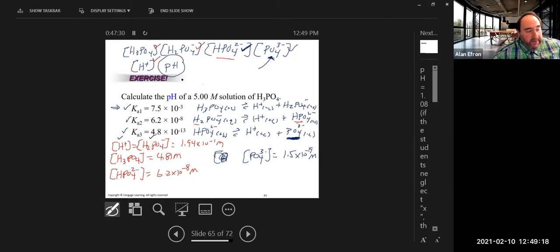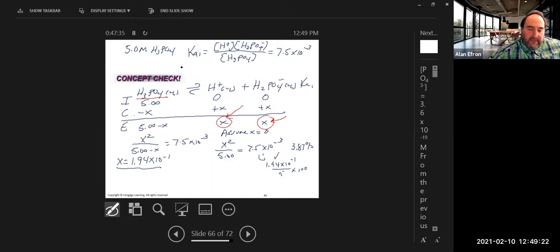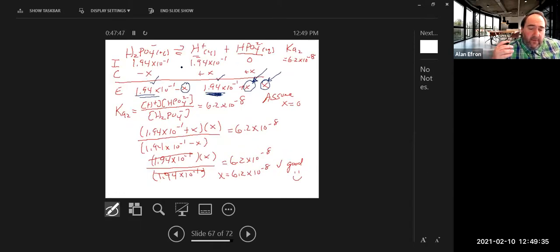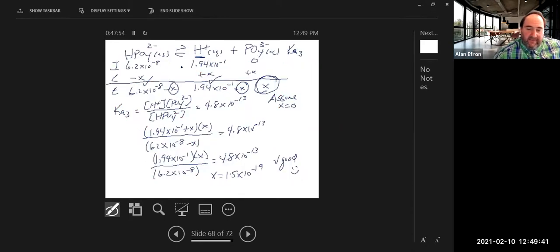But more importantly, as we go from the first H plus that comes off to the second H plus, it goes from an H plus concentration of 1.94 times 10 to the minus 1, or 0.194, to basically only about 6.2 times 10 to the minus 8 coming off in the second step, and even less coming off in the third step.